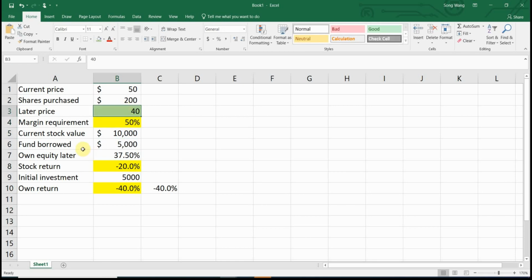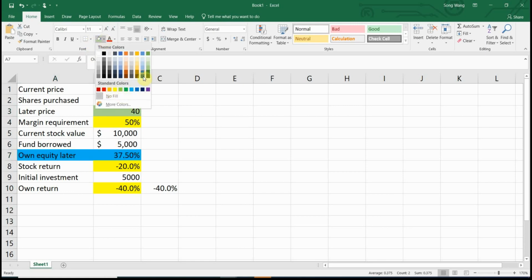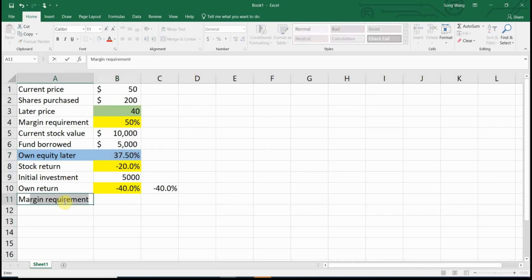So I want you to look at your own equity for this one, because we will be facing a situation here. It's called maintenance margin. And the Federal Reserve makes the maintenance margin 25%.